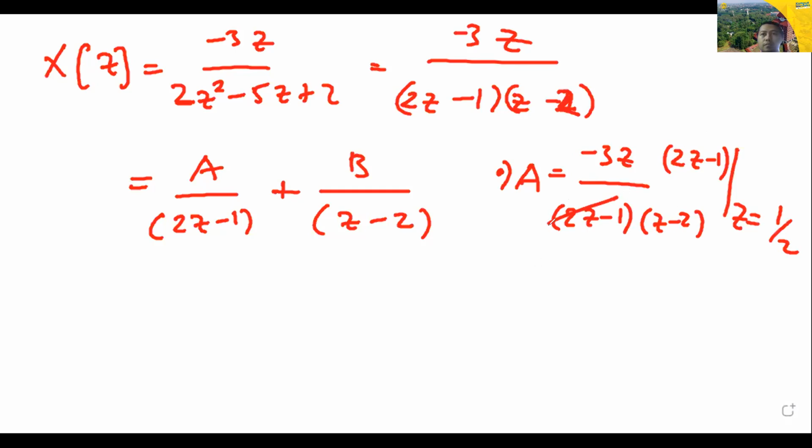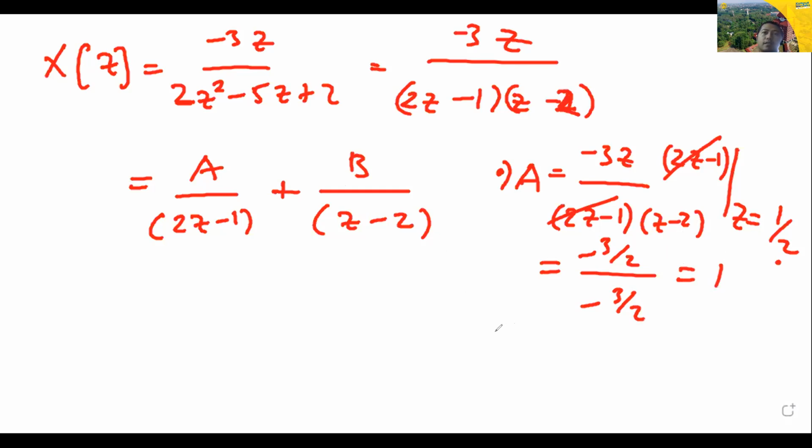So we remove this one and substitute the half here, and it becomes 3/2 over minus 3/2. Half minus 2 means minus 3/2. So this equals 1.